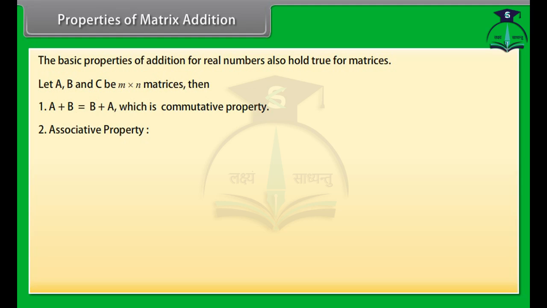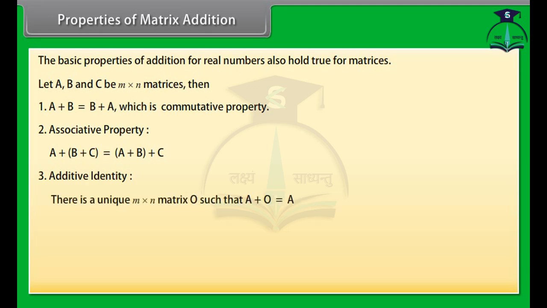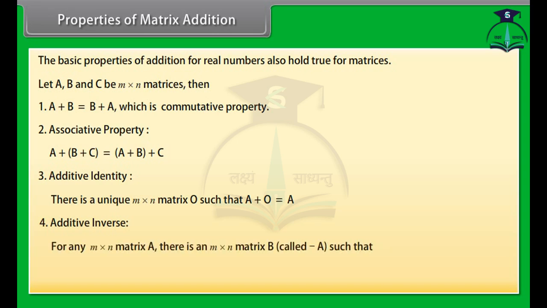Associative property, A plus B plus C is equal to A plus B plus C. Additive identity. There is a unique m by n matrix O such that A plus O is equal to A. Additive inverse. For any m by n matrix A, there is an m by n matrix B called minus A such that A plus B is equal to O.